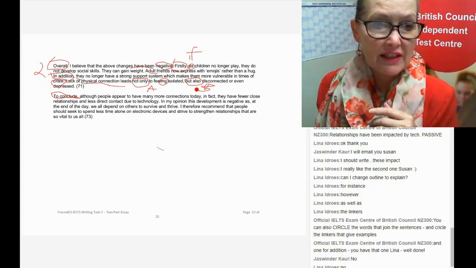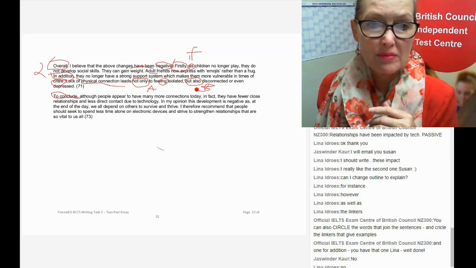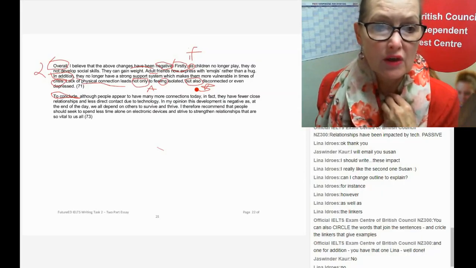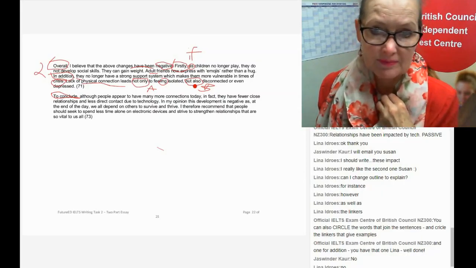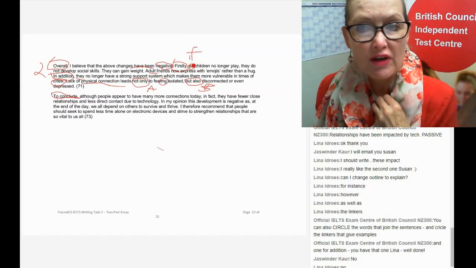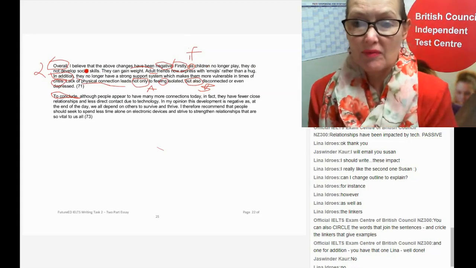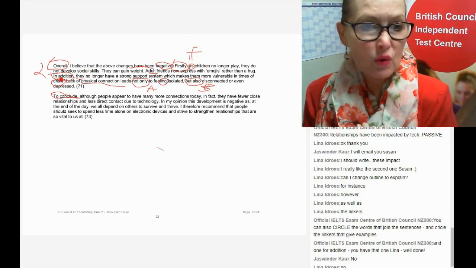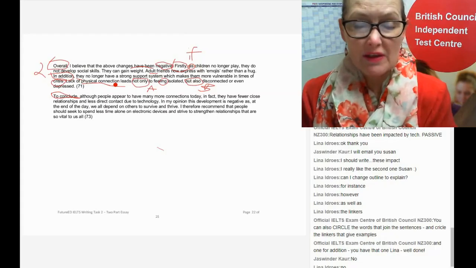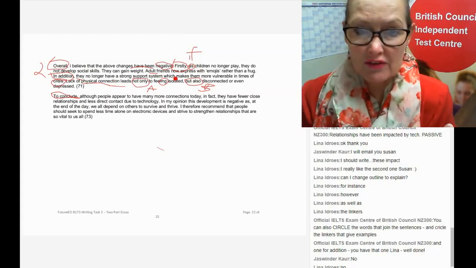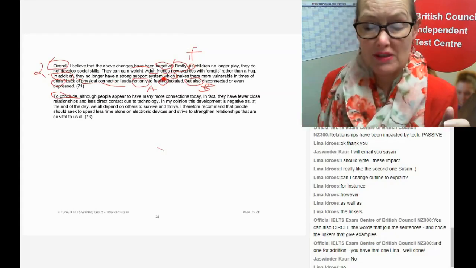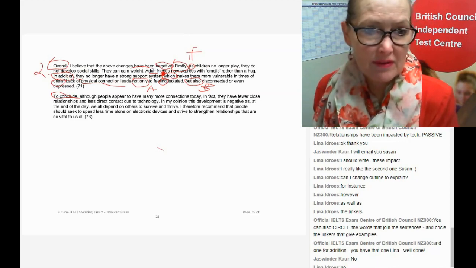In addition, the adult friends no longer have a strong support system, which makes them more vulnerable in times of crisis, for example, being sick or having to go to hospital and there's nobody to come and take care of them, nobody to drive them to an appointment like friends would do.